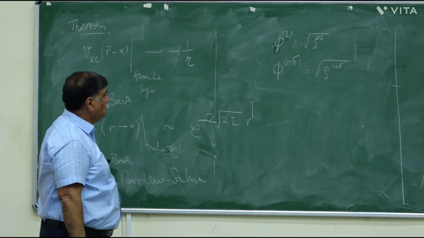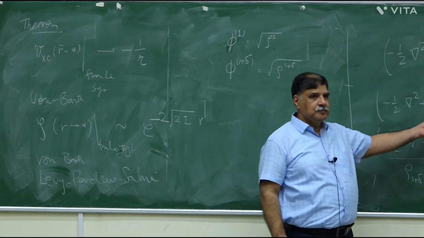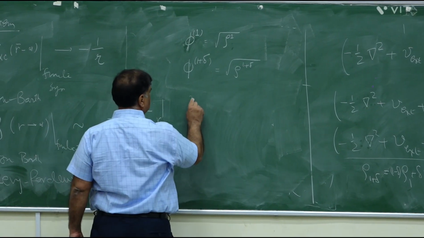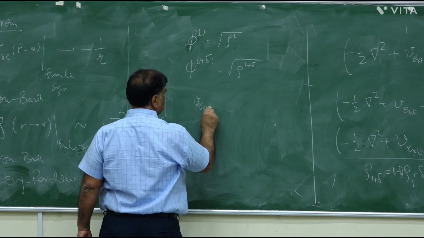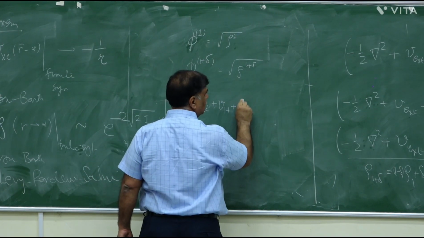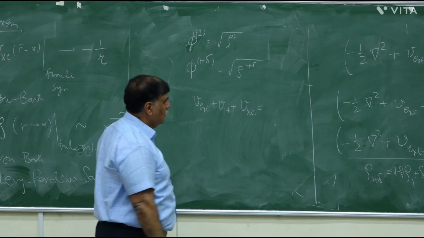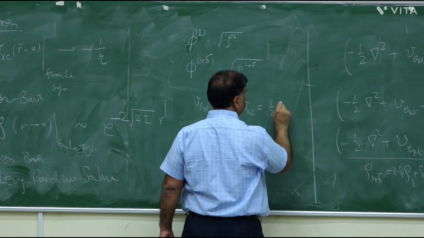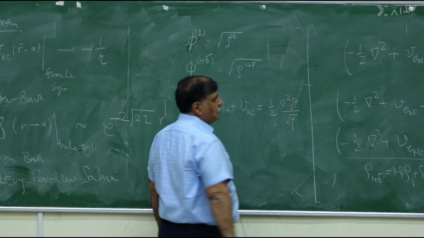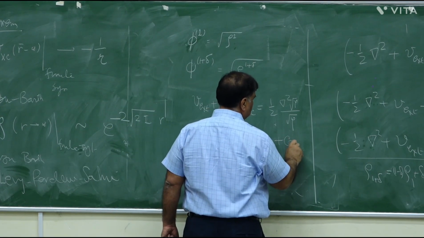Then from this equation, you can write that V external plus V Hartree plus V exchange correlation is equal to half del square root of rho divided by root of rho plus some constant.